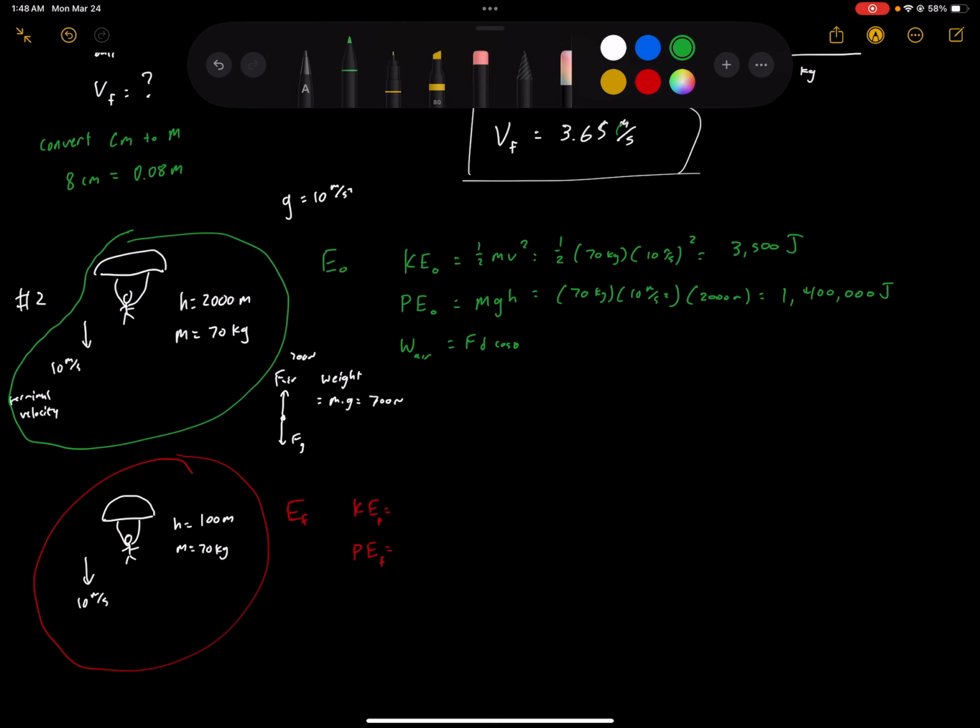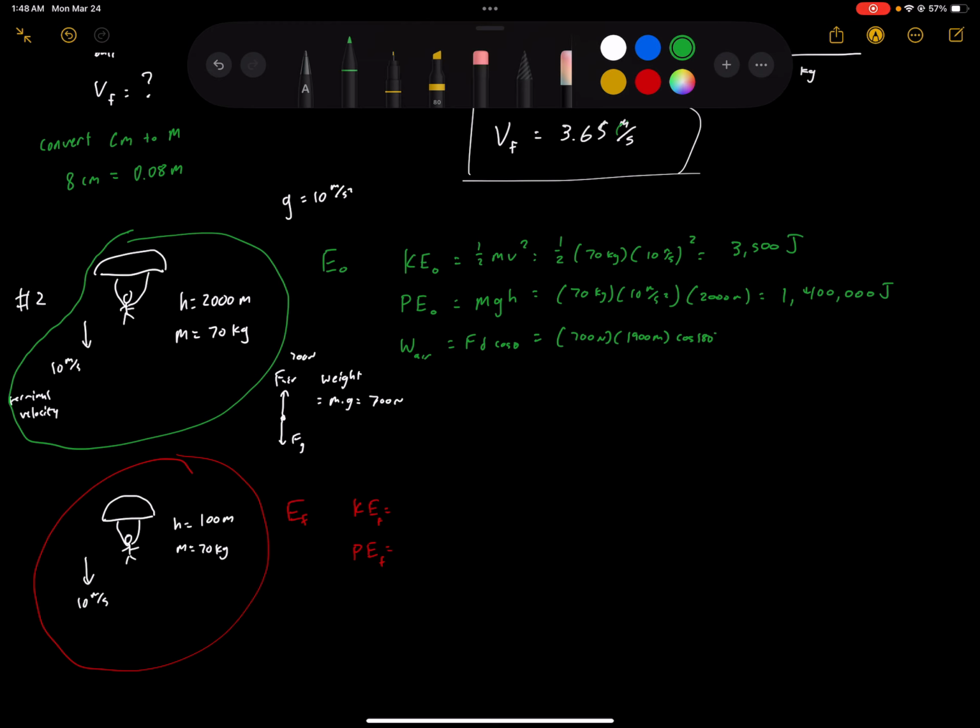Okay, so as we're looking at this problem, the air resistance acts over a displacement of 1,900 meters, right? So if I plug that into the equation, I have a force of 700 newtons times 1,900 meters, and a cosine of 180 degrees.